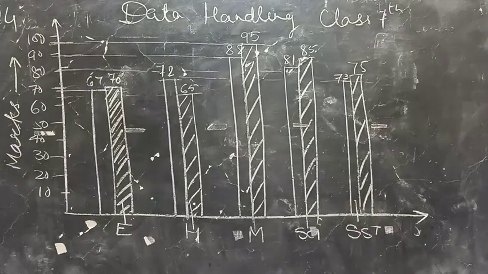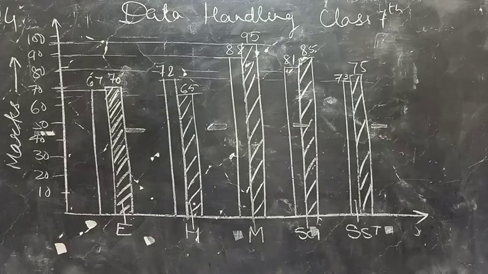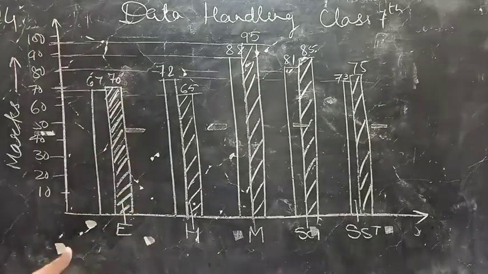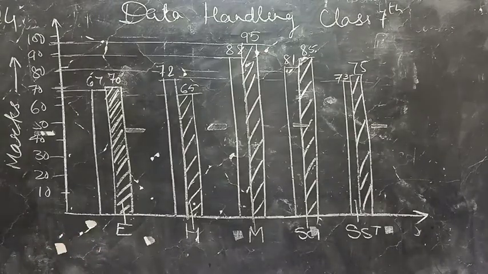Note it down fast. So this is how you draw a double bar graph on the basis of given data. Then we will do some questions based on the same.